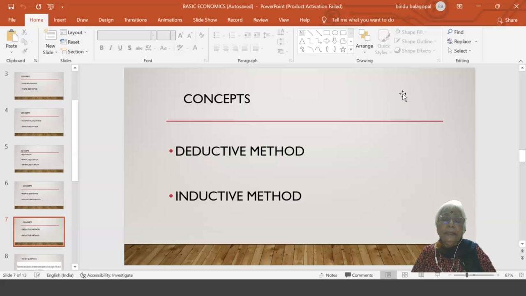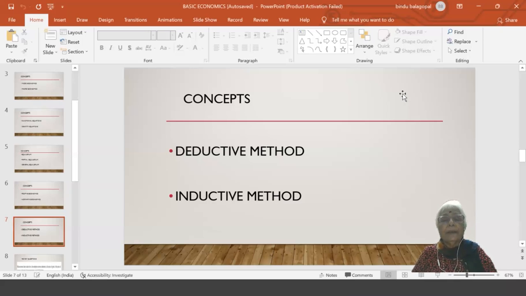The deductive method is more like empirical or statistical methods. Statistically, you analyze. Empirical analysis or statistical analysis all have been similar to deductive method.